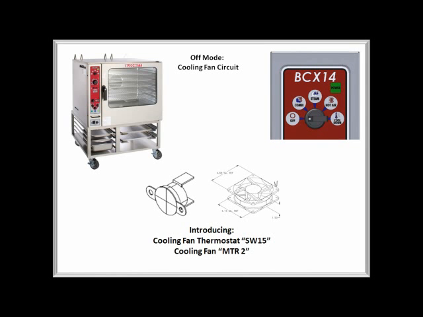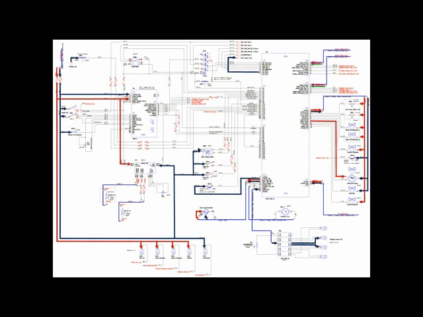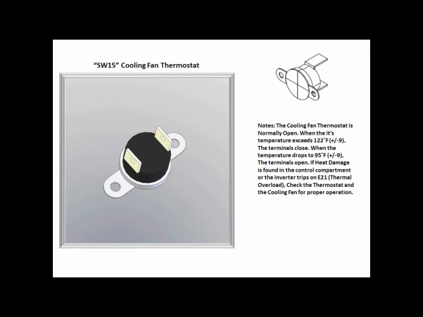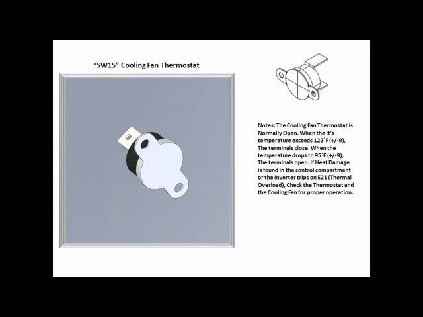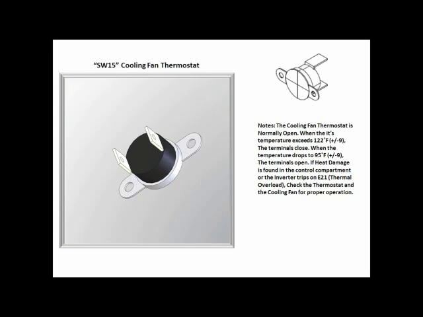The cooling fan thermostat is labeled SW15 and the cooling fan is labeled MTR2 on the diagram. SW15 is fed 24 volts DC low by the relay board. It closes at 122 degrees Fahrenheit to activate the cooling fan.